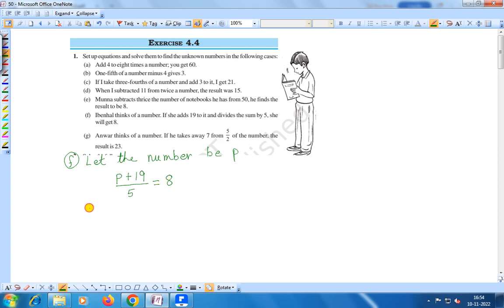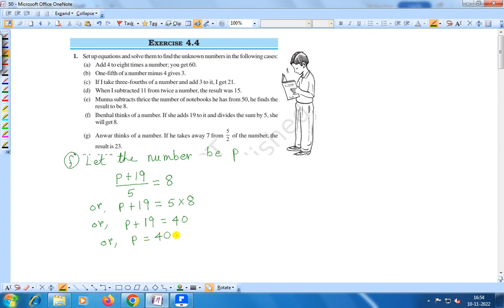Right? Or we can write here p plus 19 over 5 is equal to 8, so p plus 19 is equal to 5 into 8, which is 40. Or you can write p is equal to 40 minus 19.